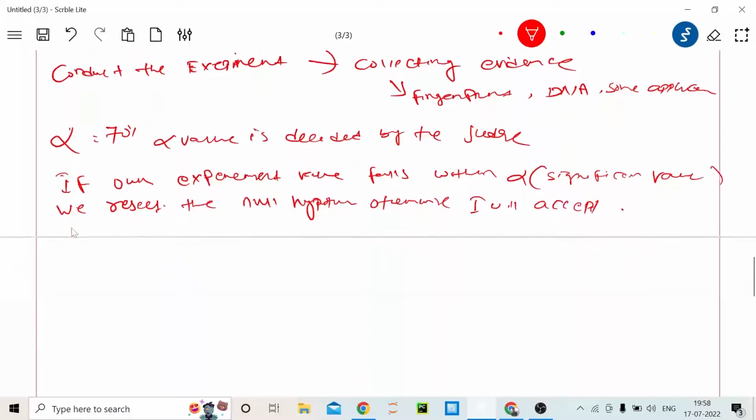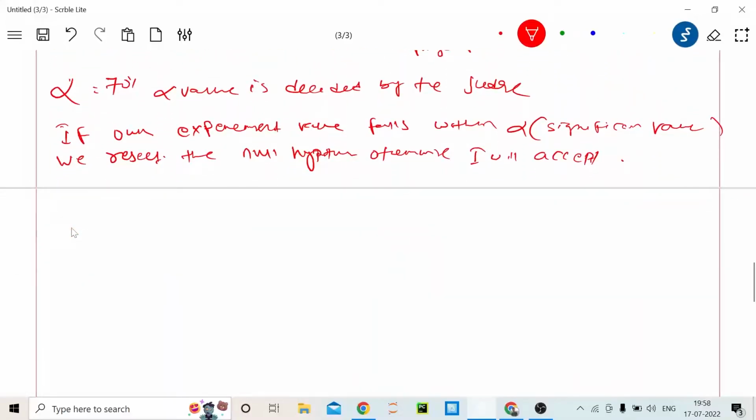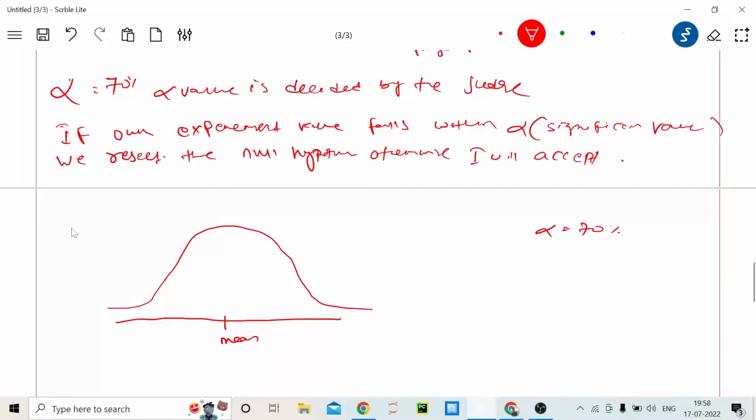This is fixed. After that, let's say this is our distribution, and this is our mean. The alpha value is 70%. This is the significance value. That means the confidence interval is 30%, and that 30% is 15% to the right and 15% to the left.